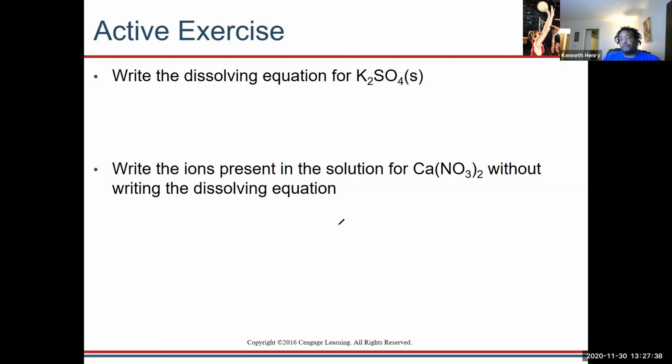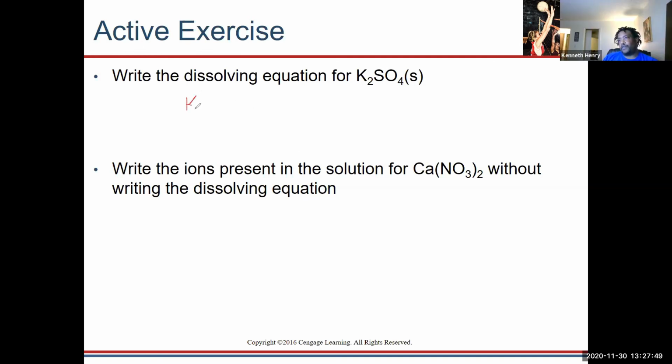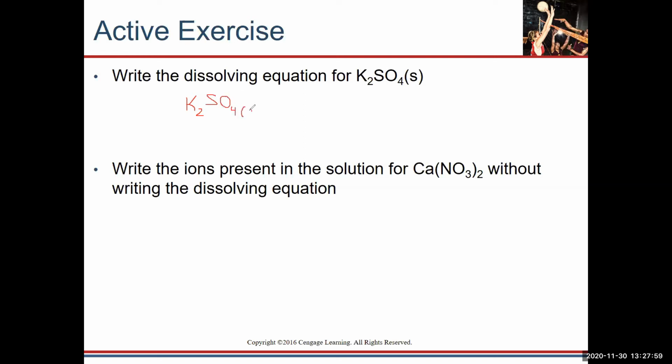So write the dissolving equation for potassium sulfate. So what am I going to do? I'm writing my chemical equation for potassium sulfate as it dissolves. So what am I going to get?